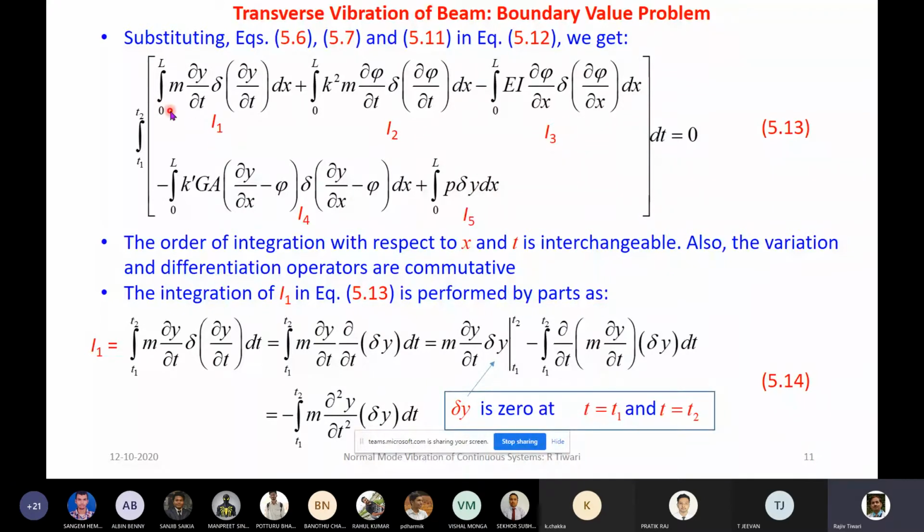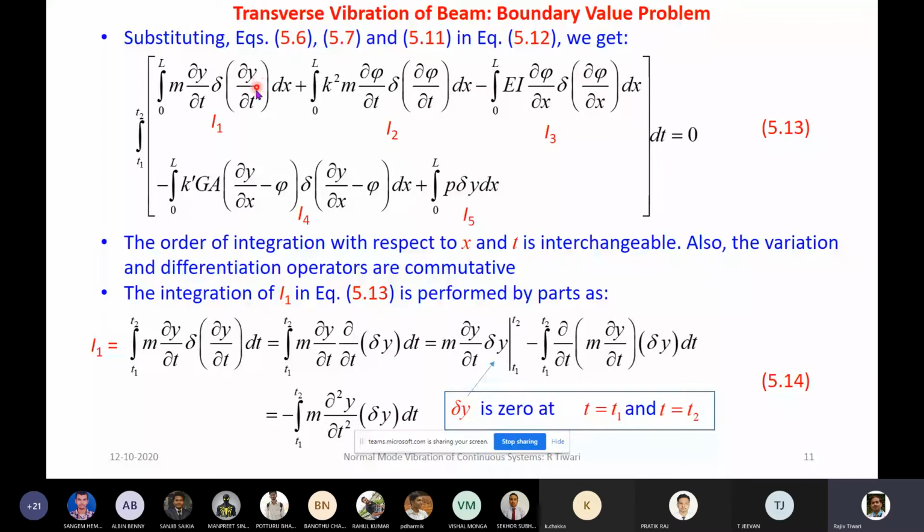Here you need to see that it has two integrations: one with respect to x from 0 to L, and outside another integral from t1 to t2 with respect to time. In this equation, the variation of y has a derivative with respect to time. So we need to convert this term so that we get the variation of y only, not its derivative.